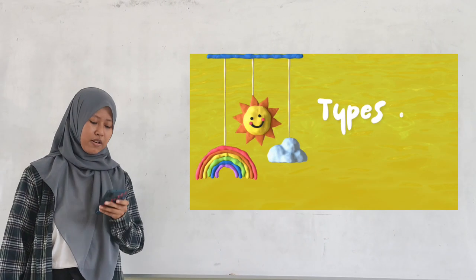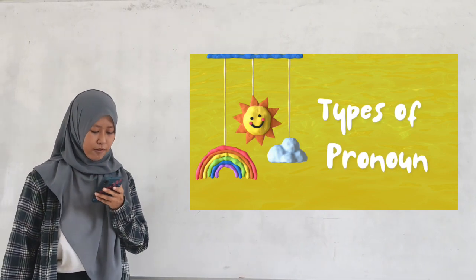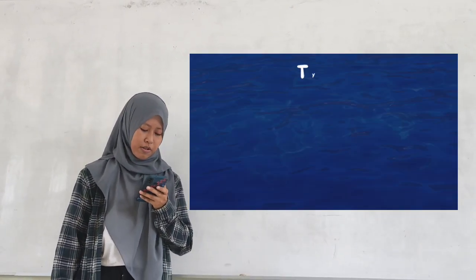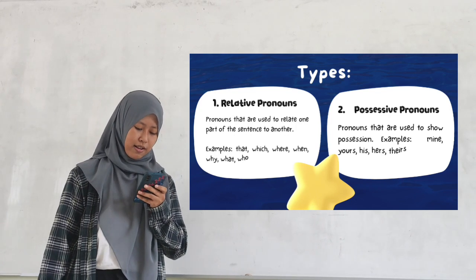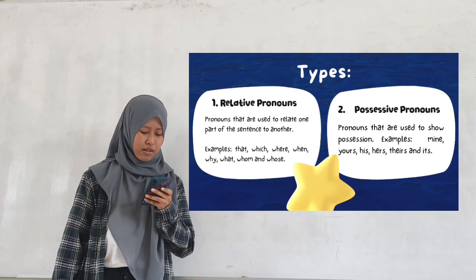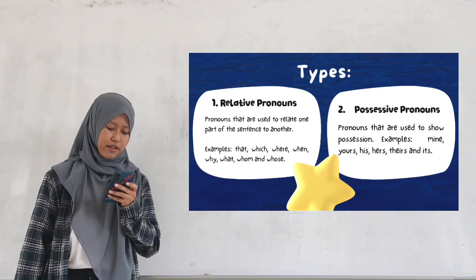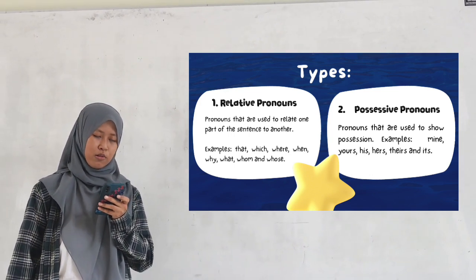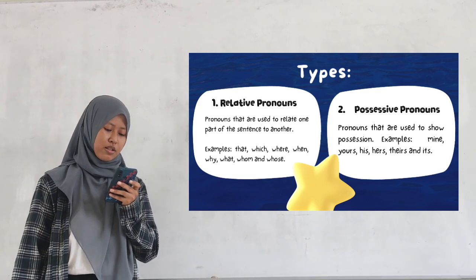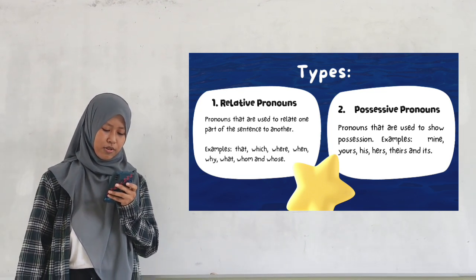There are many types of pronouns. For the first one, relative pronouns are pronouns that are used to relate one part of the sentence to another. Some examples of relative pronouns are that, which, where, when, why, what, whom, and whose. The second, possessive pronouns are pronouns that are used to show possession.